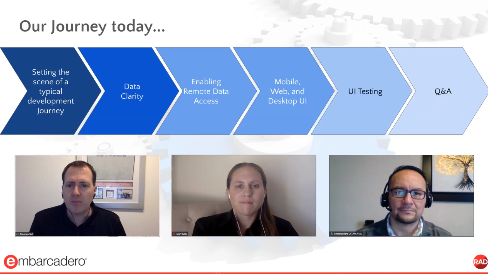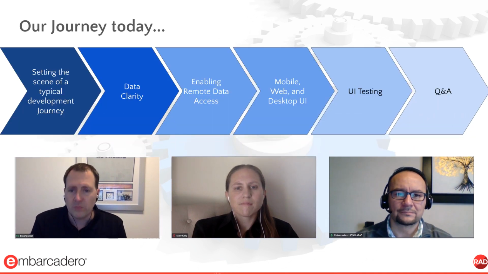So our journey today, we've set the scene. We're going to kick off by having a look at how we can get clarity around the data that we're trying to move out, and you often find this at the start of a project. And Mary's going to be taking us through some of the Aqua Data Studio side of things there. And then once we've got a clear picture of the data and what we're trying to do with that data, we'll move on to trying to get that data out and enabled for remote access, because one of the big challenges first and foremost is making sure we can access that anywhere, especially when we have remote teams.